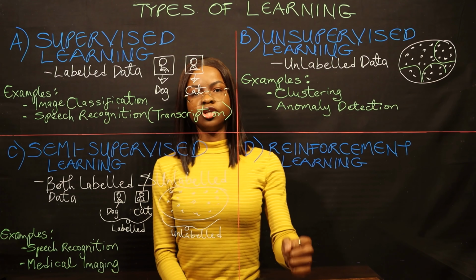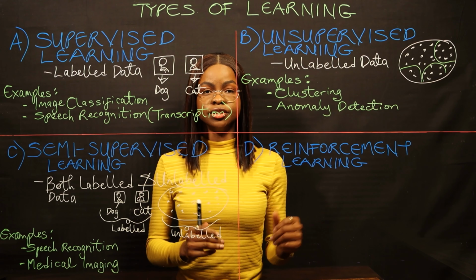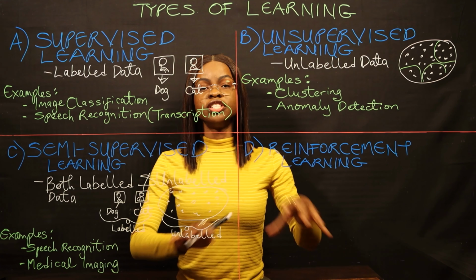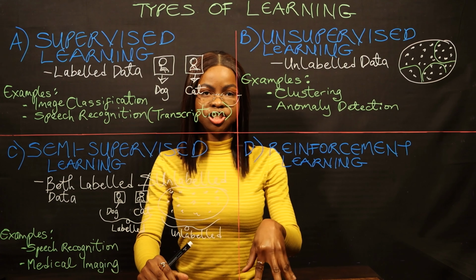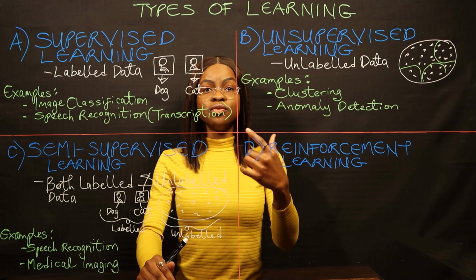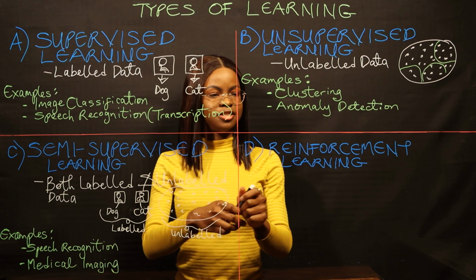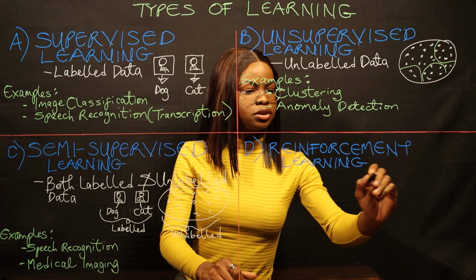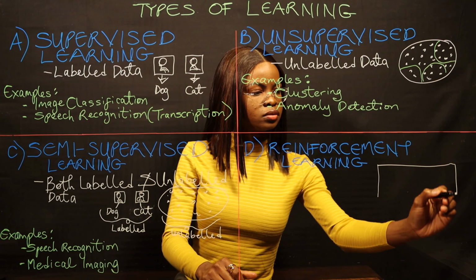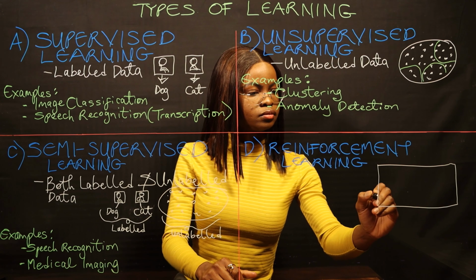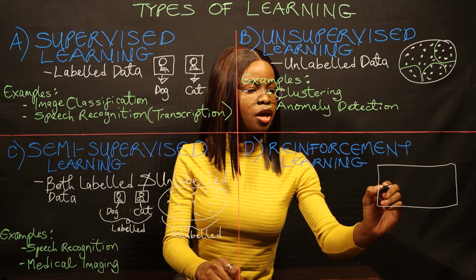So reinforcement learning, how we train the model: we train the model to make decisions in an environment. So we simulate an environment where we train the model to make decisions by rewarding or punishing it. Let me explain. See the environment as this, and look at our AI agent here.